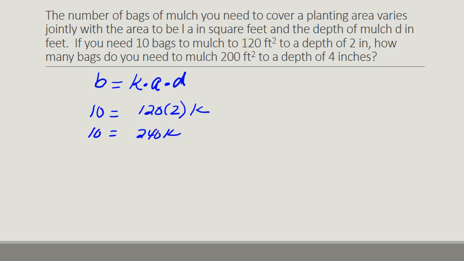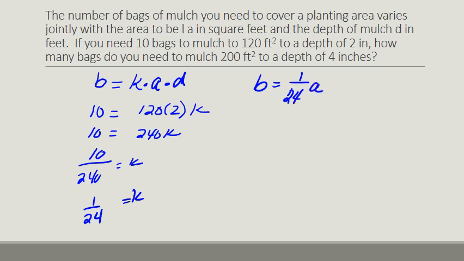If I divide both sides by 240, I get 10 over 240 equals k, or k equals 1/24. So my model with my joint variation is the bags is equal to 1/24 times the area times the depth.